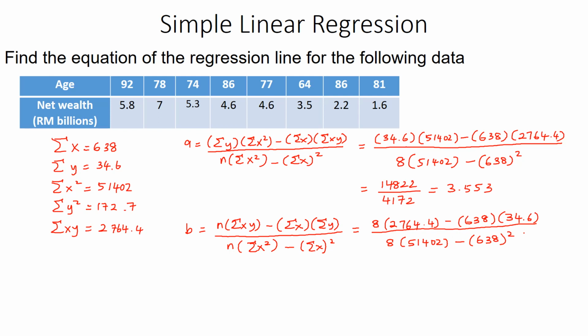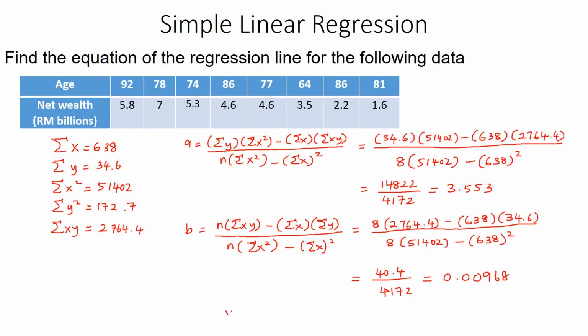Okay, now you just have to simplify. For the numerator, the value is 40.4, and for the denominator is 4172, and the answer is 0.00968.